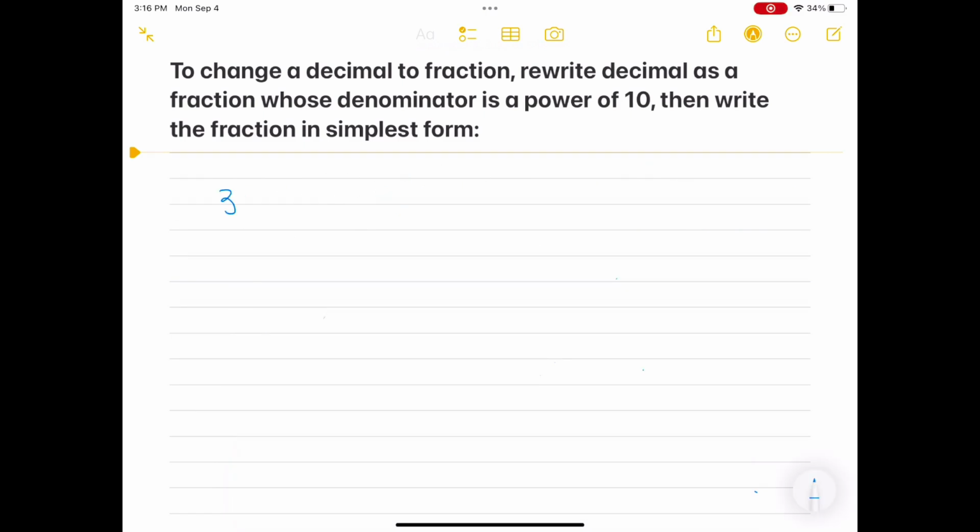To write the decimal 3.75 as a fraction, we keep the whole number 3 and write 75 100ths for the fraction. And next we simplify 75 100ths into a fraction in its simplest form by breaking down the prime factors of 75, the numerator, and the prime factors of 100.